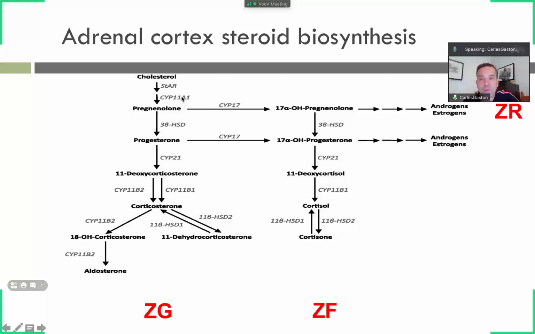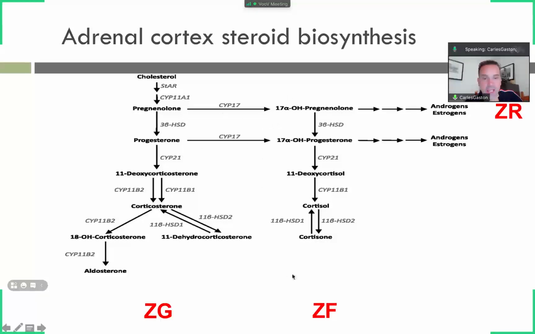CYP11A1 transforms this into pregnenolone, and then there are enzymatic reactions with hydroxylases that produce progesterone and deoxycorticosterone, and then basically end up producing aldosterone. Aldosterone in the zona glomerulosa will impact the kidney to reabsorb sodium, okay?